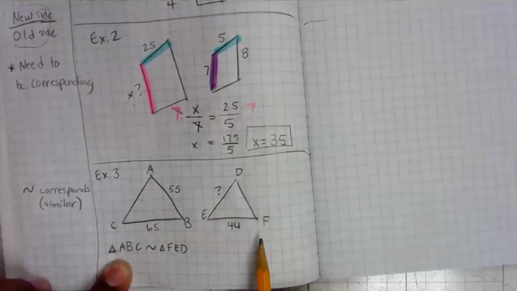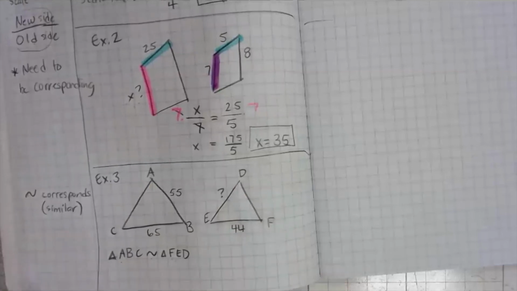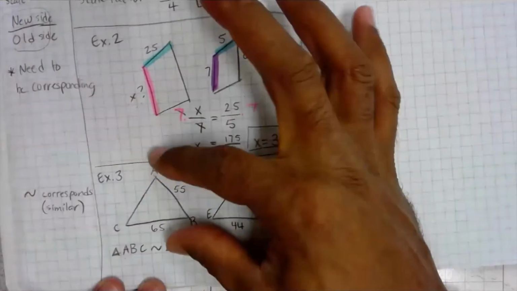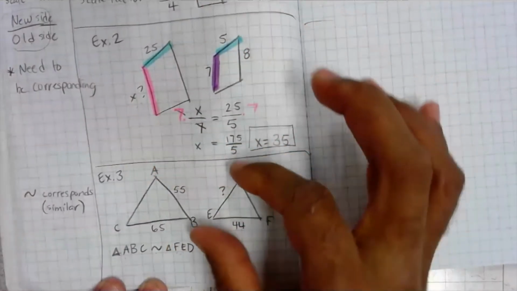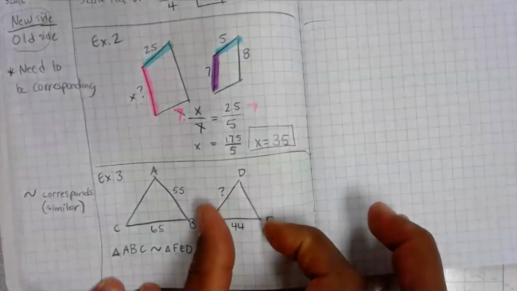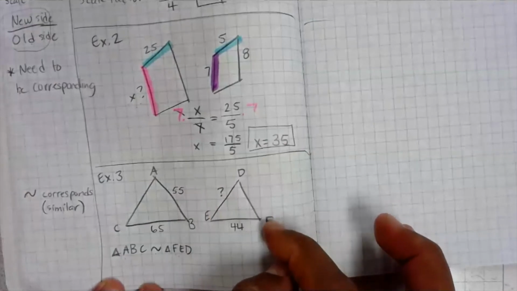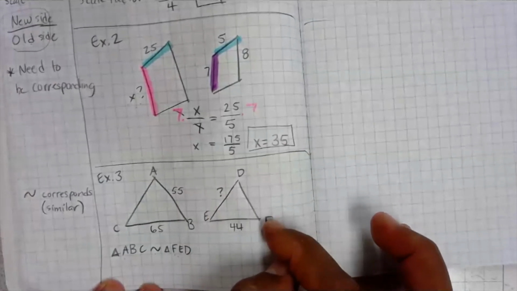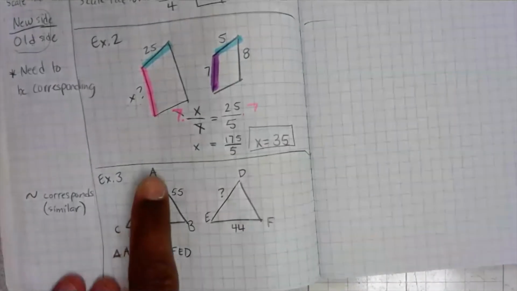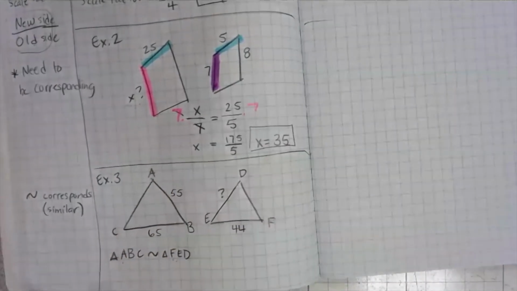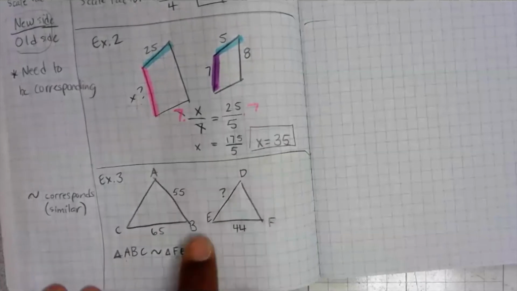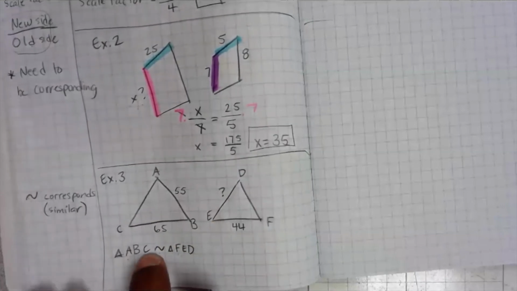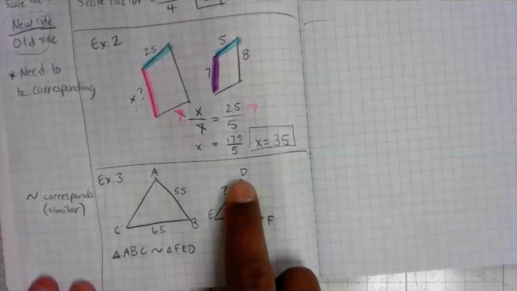It's in the bottom corner. So what that means is what happened, we took this triangle and kind of like rotated it to where that corner is now here. Okay. So that means A matches F, B matches E, and C matches D.